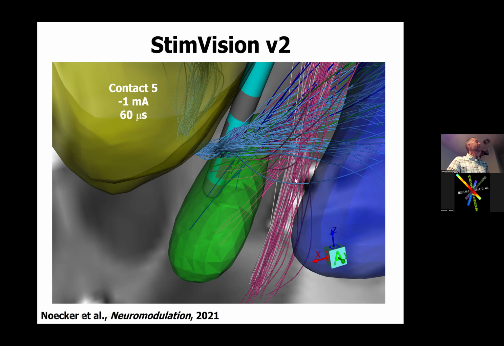These are the white lines here, and that's our boundary. We're always battling stimulating the internal capsule. You stimulate too much of that, you get motor contractions, and you've created a side effect that's worse than the beneficial effect. So you're always trying to get that balance just right.